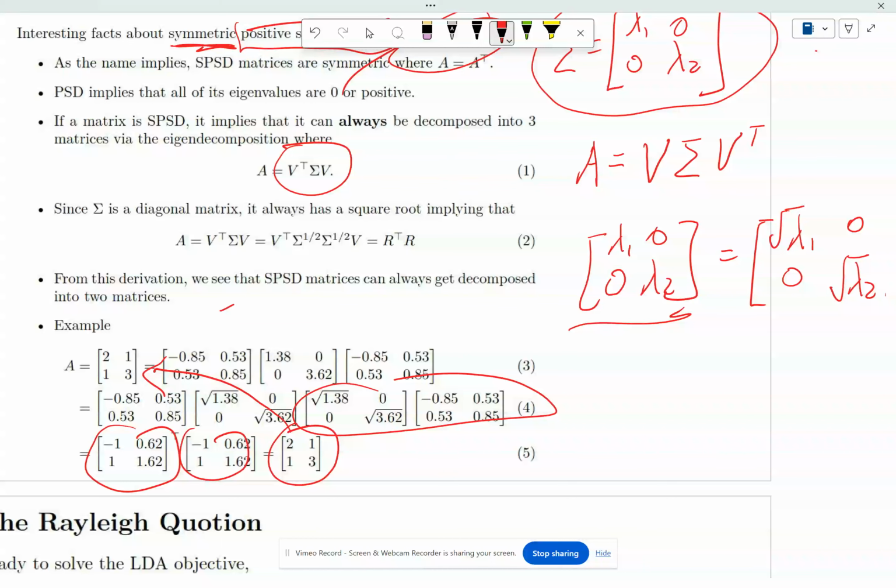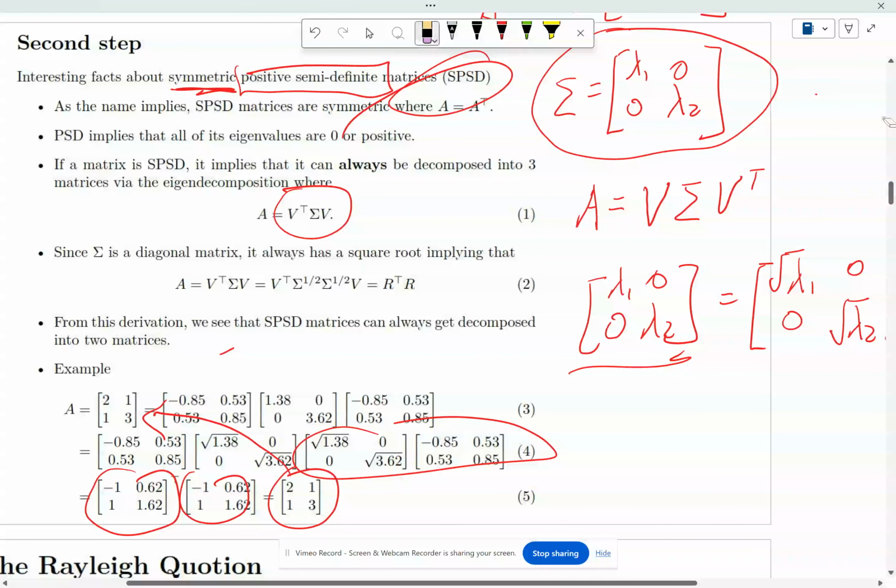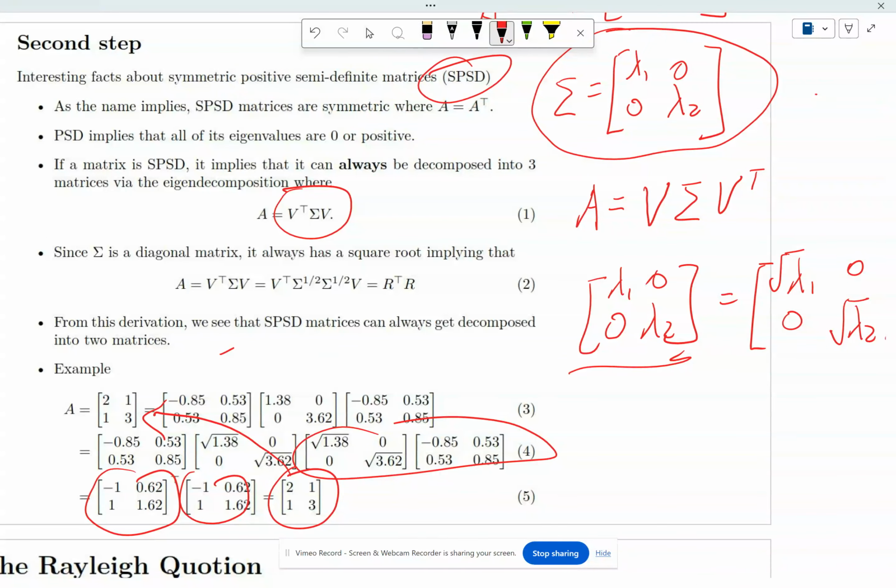So this whole conversation is essentially telling you that under special cases, symmetric positive semi-definite matrices actually occur a lot in nature, so I won't even say that's special. For these cases, you can always break the matrix into three.